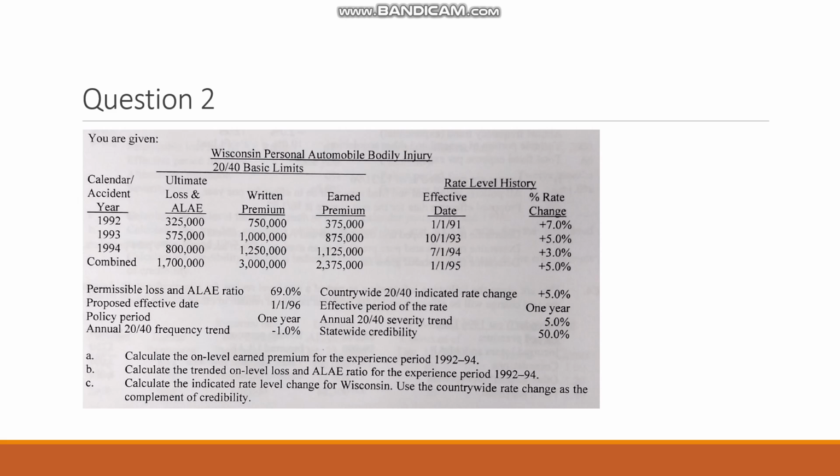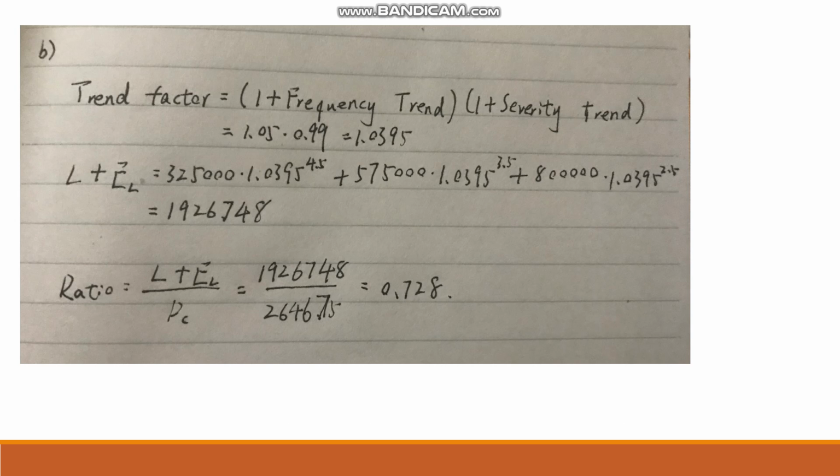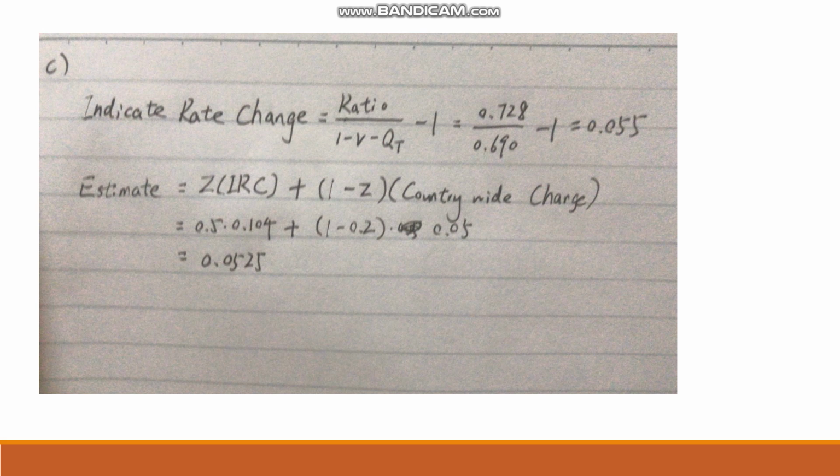For problem C, we need to calculate the indicator rate level change for Wisconsin. Use the countrywide rate change as a complement of the credibility. The indicator rate change, we can calculate it by the ratio over the loss ratio, minus 1.